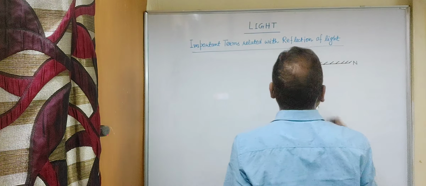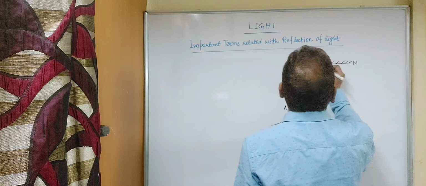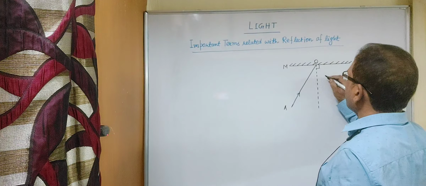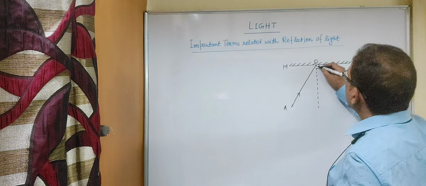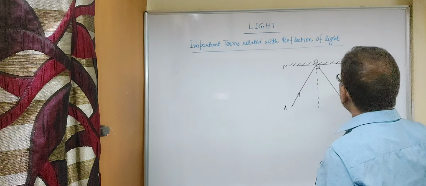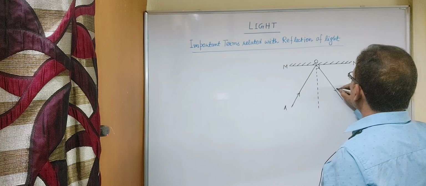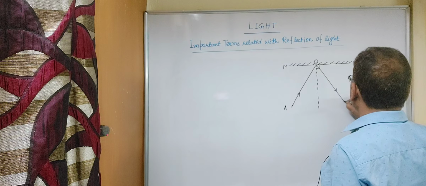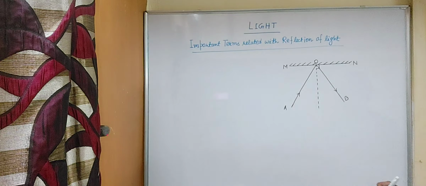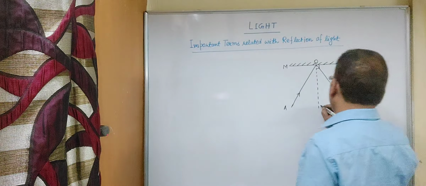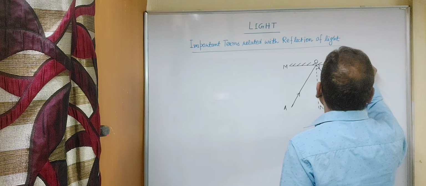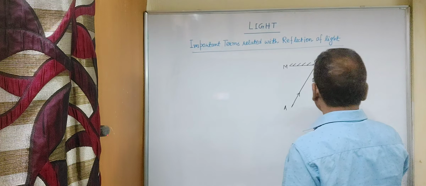So normal because it makes an angle of 90 degrees with the mirror surface, both sides, this side also 90 degrees. And when this ray strikes, it returns back after striking the surface. So the arrow is now in reverse direction, and OB represents the reflected ray. You can mark, let M dash be the mirror and ON the normal.